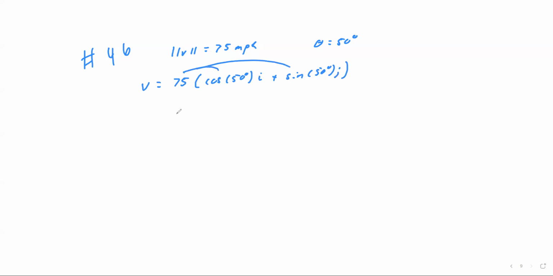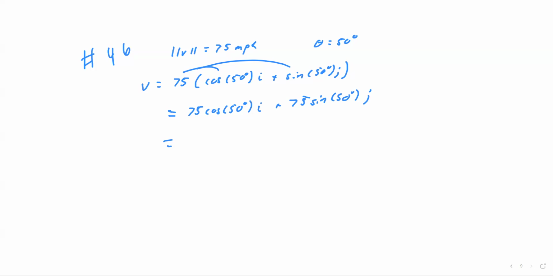Then we distribute. So now I get 75 cosine of 50 degrees i plus 75 times sine of 50 degrees j. And then I'm just going to type that straight into the calculator so I can get my component form here.